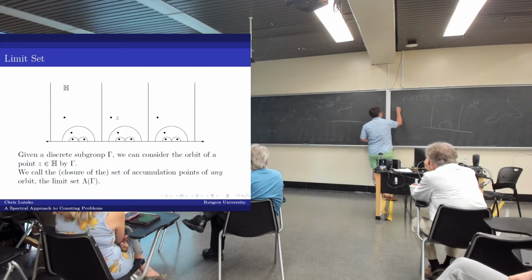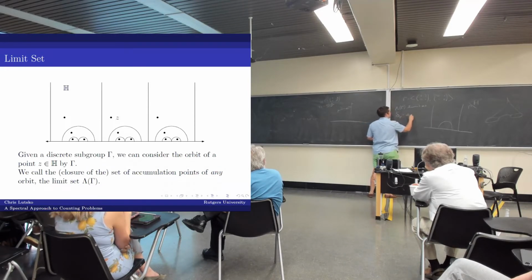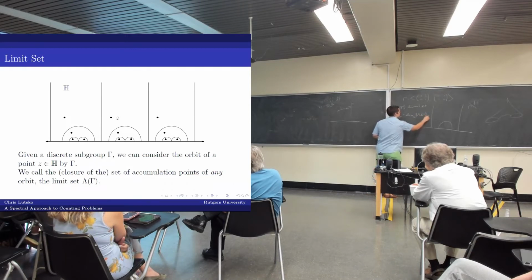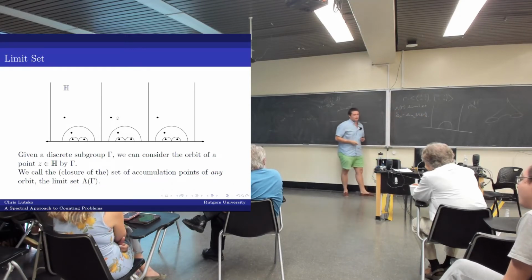So let me just write that down. This is the limit set, and let delta of gamma, for the rest of the talk, be the Hausdorff dimension of the limit set.